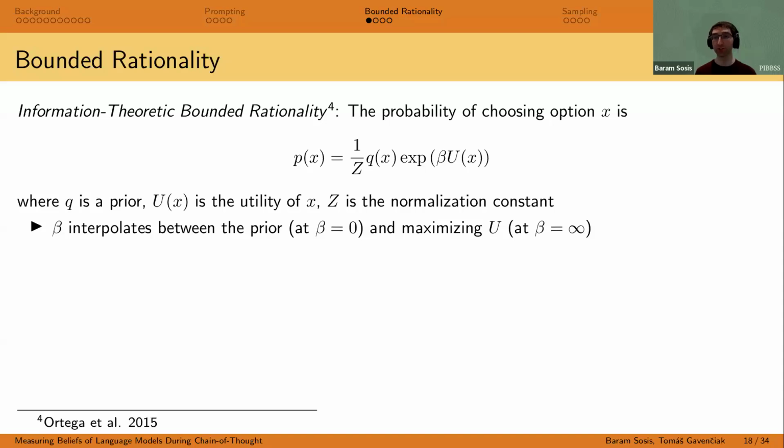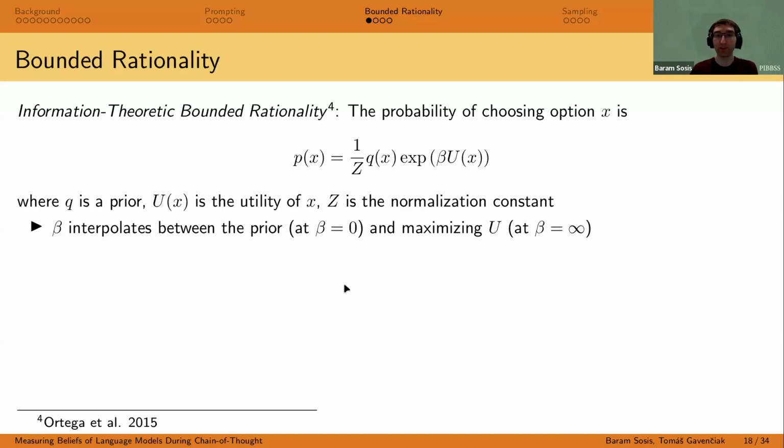In the limit, this will just pick the option with maximal utility. This is meant to model an agent that might have a utility function, but is not always very good at picking the best option, or maybe doesn't devote maximal effort to picking the best option each time. So it interpolates between following some prior and trying to maximize the utility.